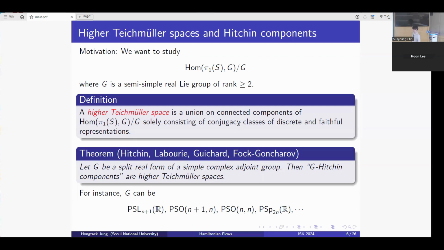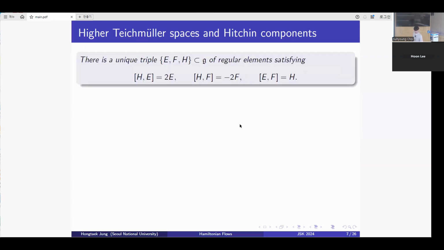Or there are many exceptional Lie groups, but you just imagine that G is one of these concrete classical Lie groups. If your G is this, we have a higher Teichmuller space, which is called the Hitchin component. So this is the motivation to study the Hitchin component. And on the next slide, I want to define what these G-Hitchin components are.